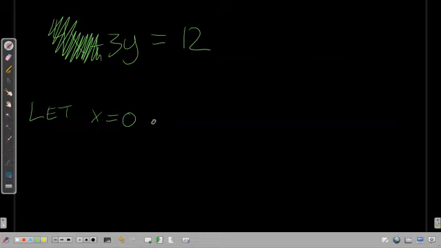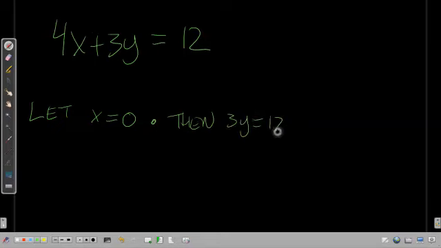Evidently then, when x is 0, 3y is 12. So y would be equal to 12 over 3, which is 4. It goes through the point 0, comma 4. That's an intercept. It's the y-intercept.